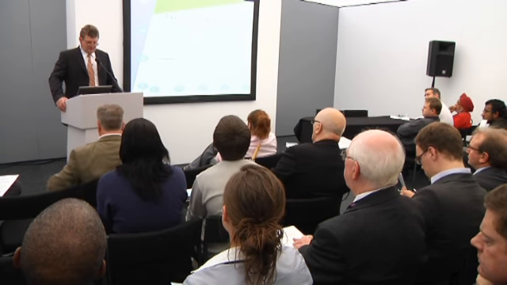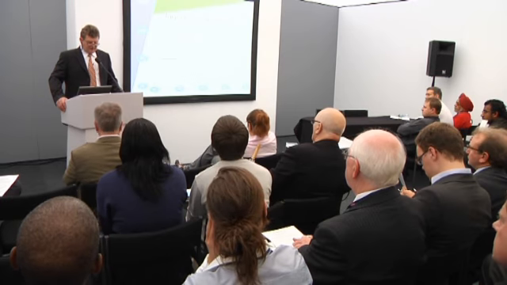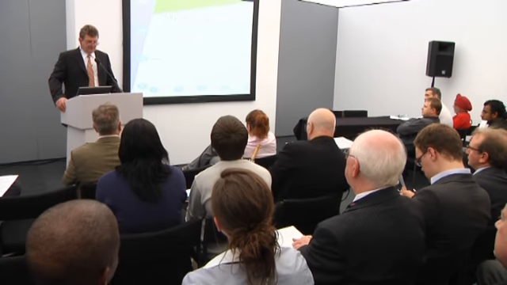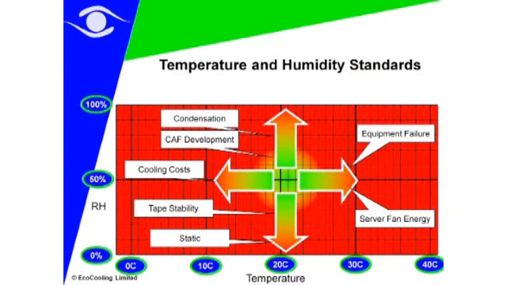So let's look at temperature and humidity. Left side of the axis is relative humidity, temperature across the bottom. Now, most people believe they've got to maintain their data center or server room in that patch there, around 21 degrees centigrade and around 50–55% relative humidity. That's what people have been brought up knowing and believing. Why? Well, we know if we increase the temperature, we'll start to get equipment failure.